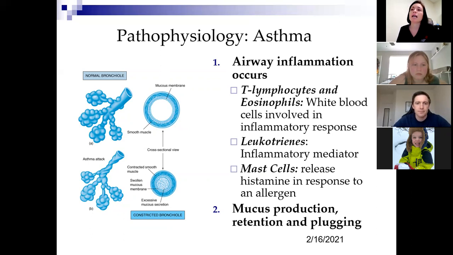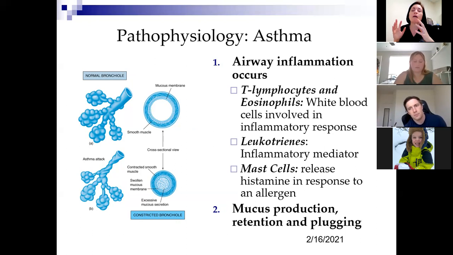There's also extra production of mucus that causes retention. Again, it narrows the airway and makes it hard for air to get through, because you have the swelling and then the thick lining of the mucus.